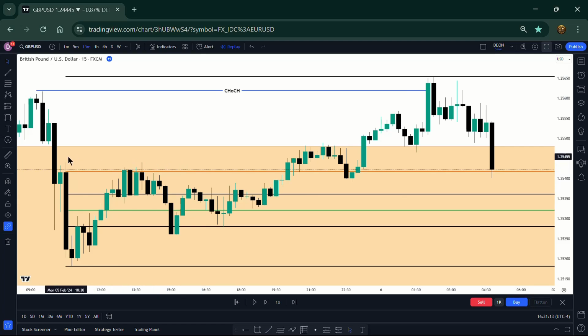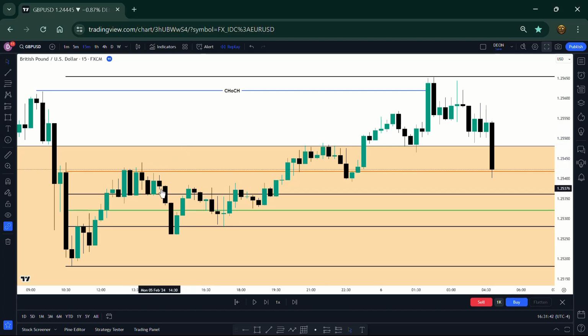So from your equilibrium level there, if you look down here, do we have, first in this leg, any unmitigated order blocks? These are mitigated. This was a single candle order block here, which was mitigated right there.